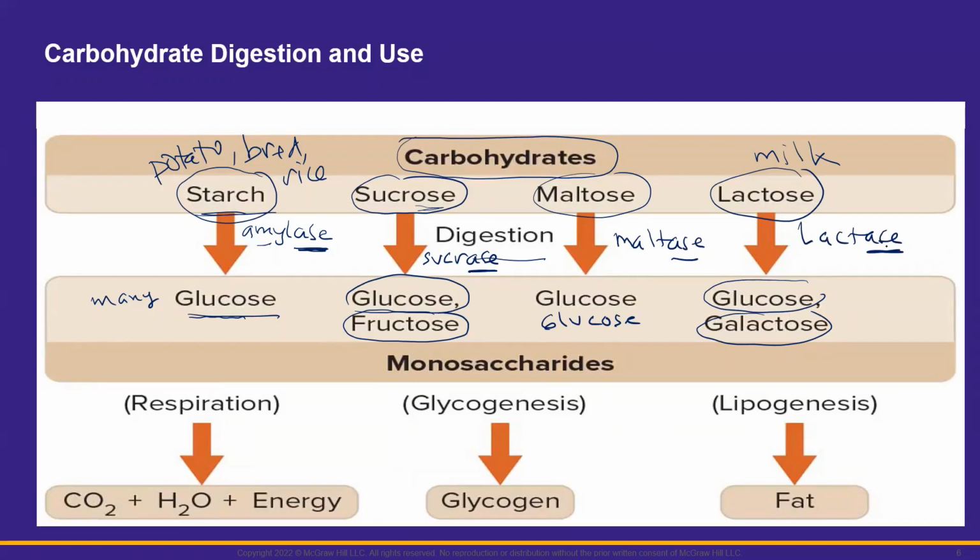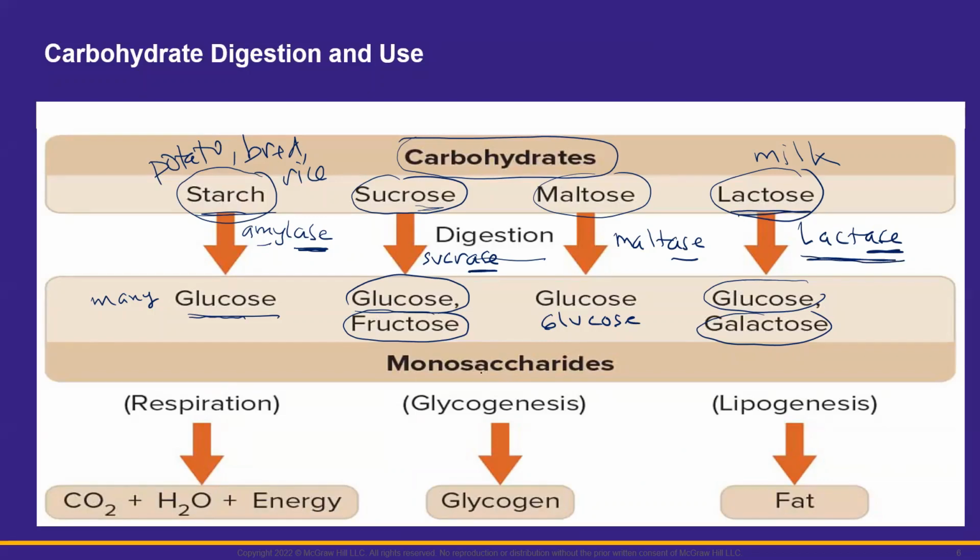Some people actually do not produce lactase, or they produce lactase in very low concentration. What happens with these people? They become what we call lactose intolerant, because they are unable to digest lactose since they do not have enough lactase or do not produce lactase.